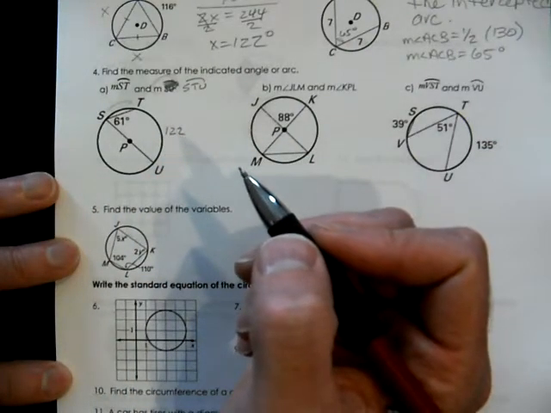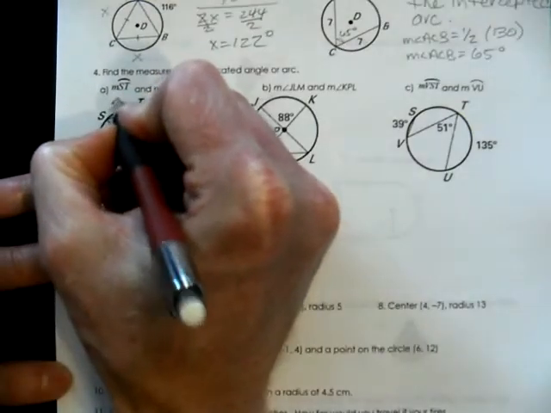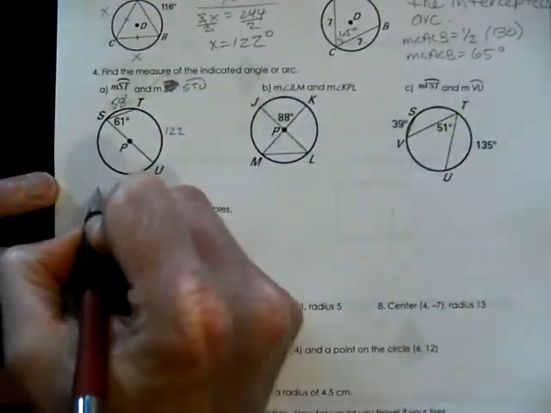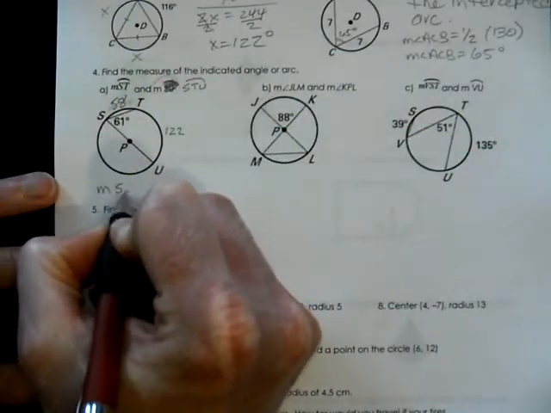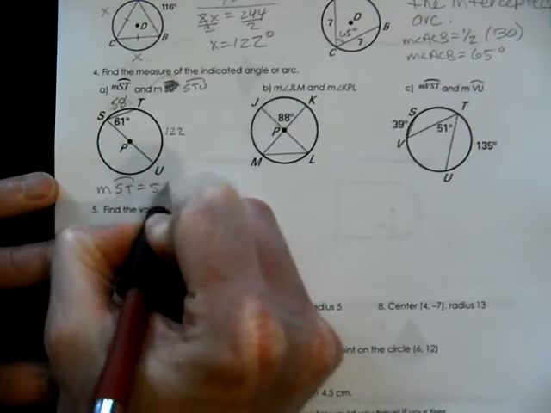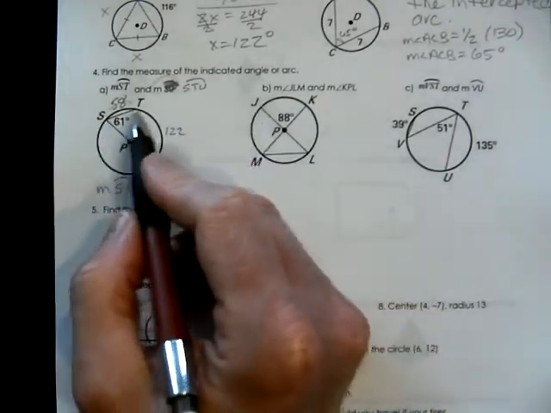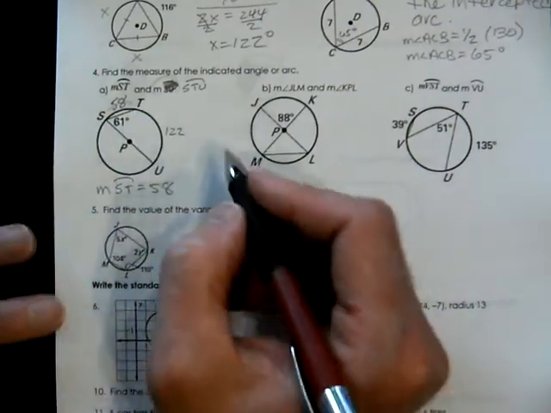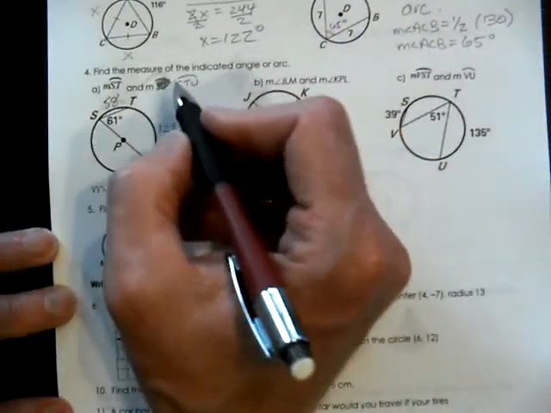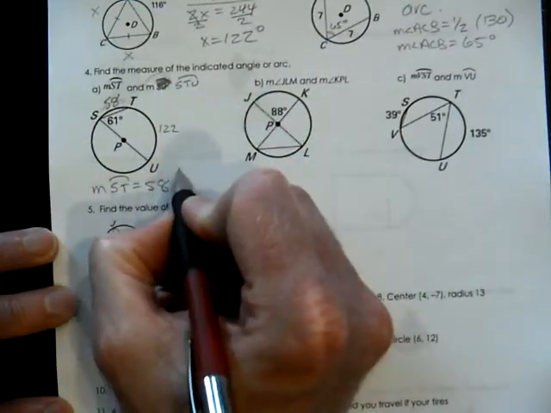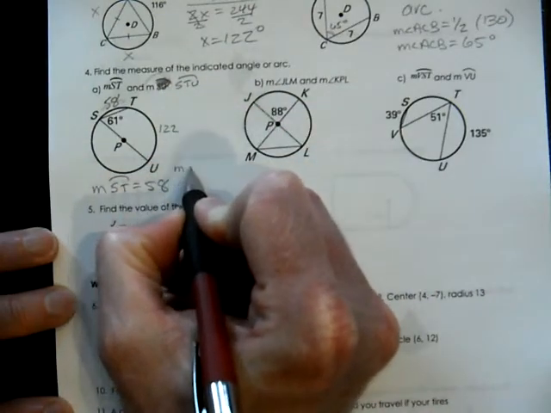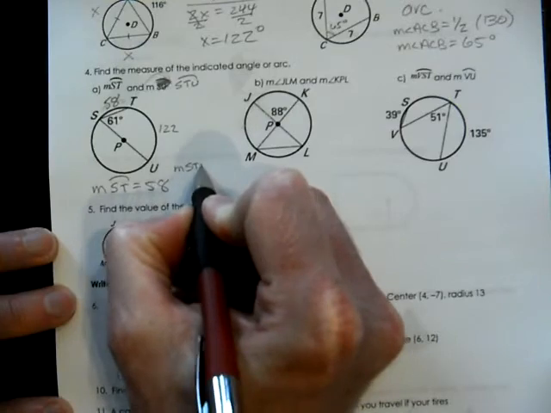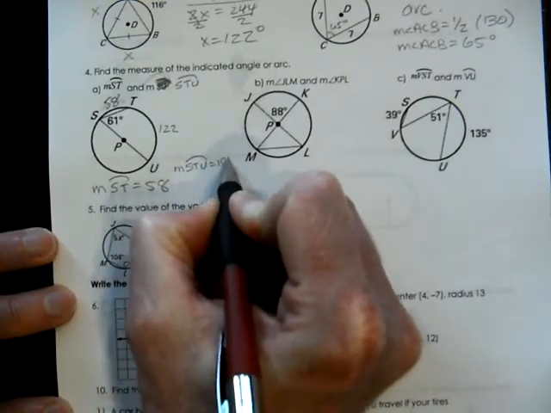So that makes this 58. So the measurement of arc ST is 58. And the measurement of STU, if that's what they meant, is 180.